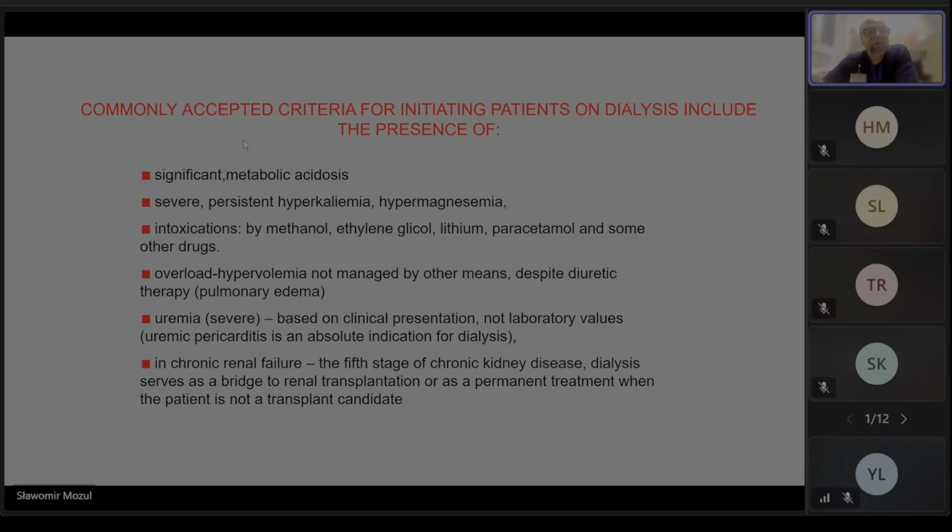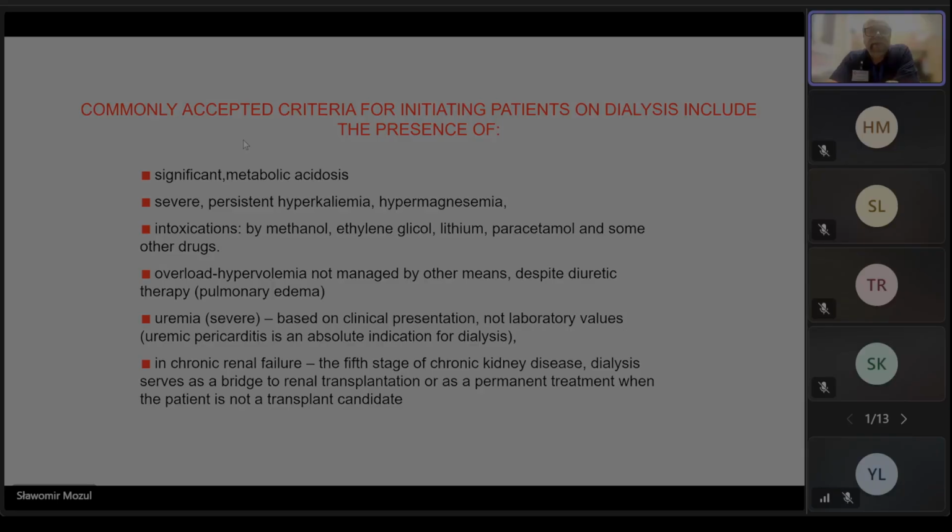Significant metabolic acidosis, severe persistent hyperkalemia, hypermagnesemia, intoxications by methanol, ethylene glycol, lithium, paracetamol, and some other drugs, overload hypervolemia not managed by other means despite diuretic therapy, especially pulmonary edema, uremia, especially severe, based on clinical presentation, not only laboratory values. Uremic pericarditis is an absolute indication for dialysis.